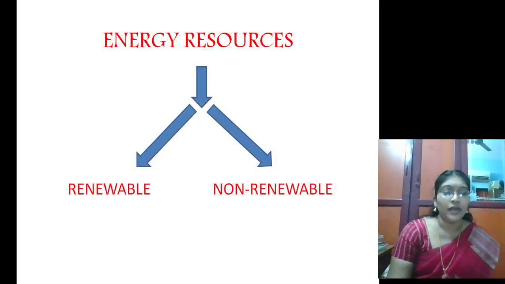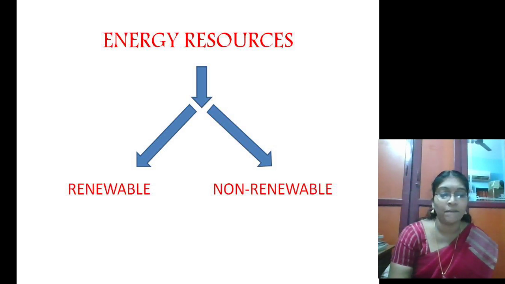Therefore, we should have efficient production of energy technologies. So to produce efficient and clean energy, different energy resources are being used. Here is the major classification of energy resources. The energy resources can be classified as renewable and non-renewable.